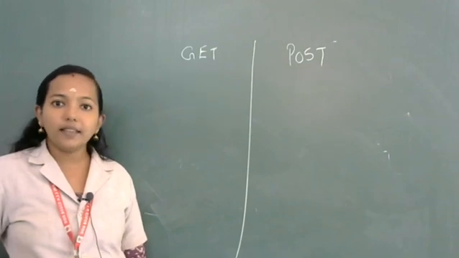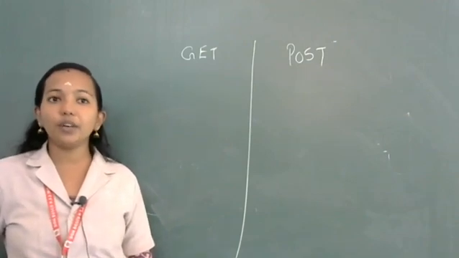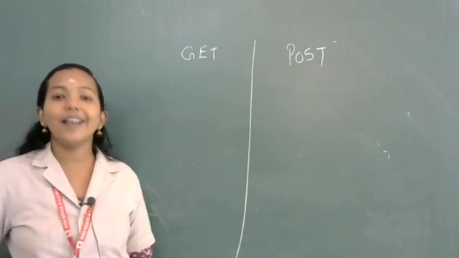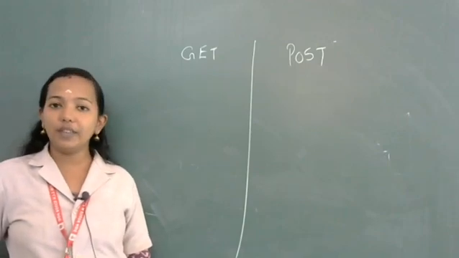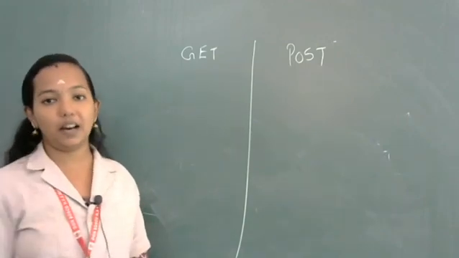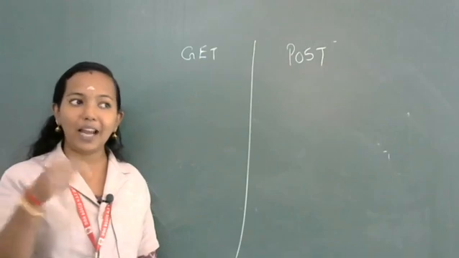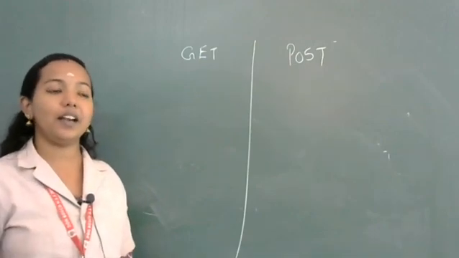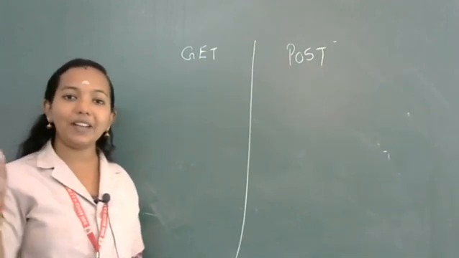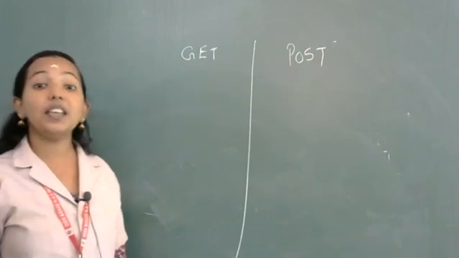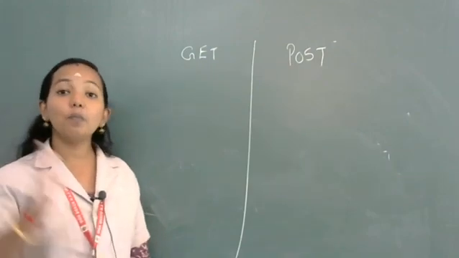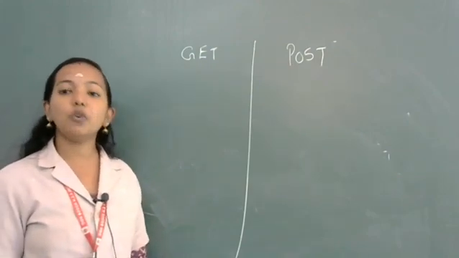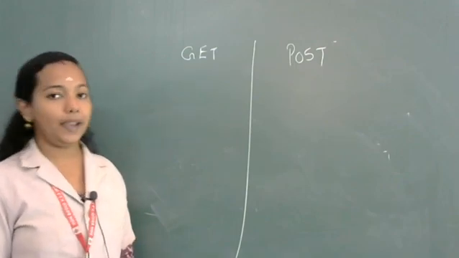When you send any data using get method, the entire information along with the data that we submitted will be available in the address bar. So we can easily bookmark that particular page.